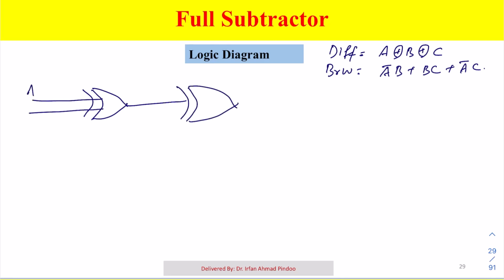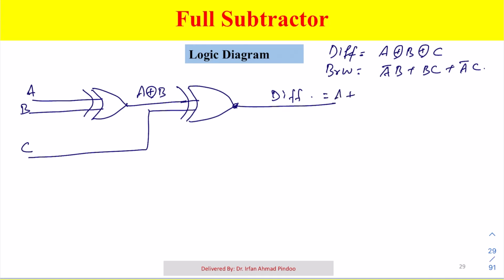So this can be A and B, and then we will give one more input from here. So this will be my difference. This was A XOR B, and this is my input C. So this difference is equal to A XOR B XOR C.